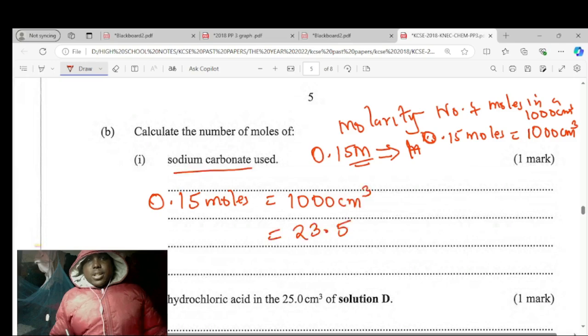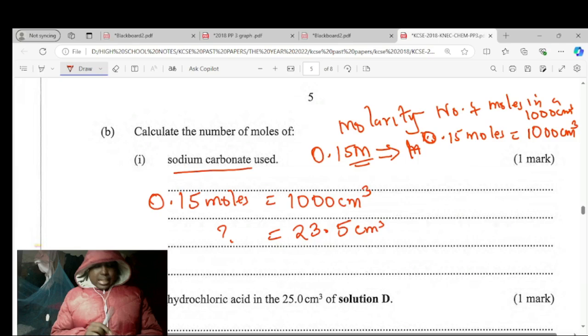How many moles will that be? You take your calculator: 23.5 times 0.15 divided by 1000.